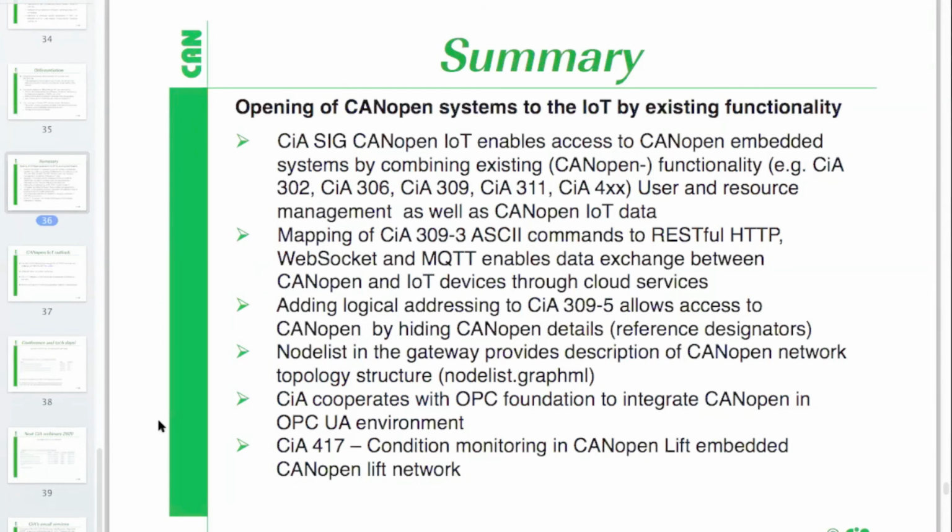We have certain opportunities simplifying the cloud access for this data. We design our data in a way that will be easily transferred into cloud. We have system-wide independent addressing in CANopen networks within the CANopen IoT communication path.